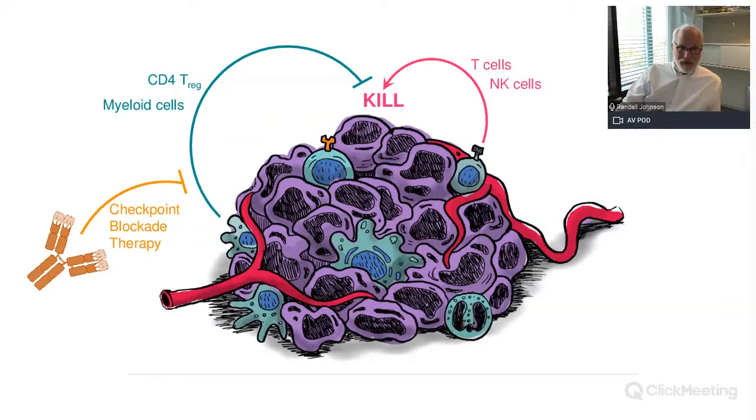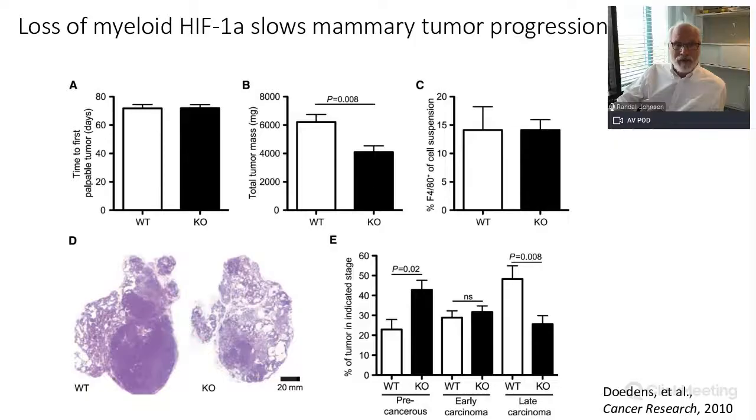And then we have things like checkpoint blockade, the subject of the Nobel Prize prior to the one for HIF, that can impact these processes and improve immunotherapeutic efficacy. What we've been thinking about for a few years now is how all of this is relevant to the manipulation of immunotherapeutic approaches via manipulation of the HIF pathway.